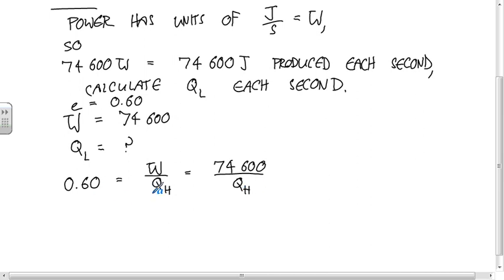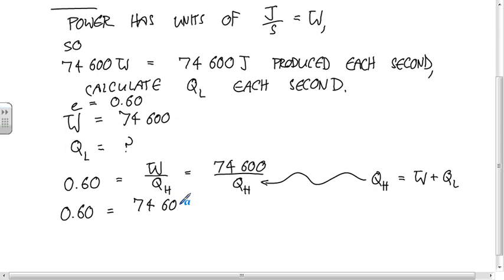And now I'm going to use the fact that QH is equal to work plus QL. So if you substitute that in, you get that 0.6 is equal to 74,600 divided by 74,600 plus QL.